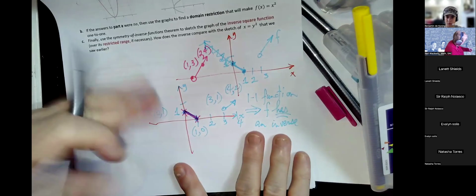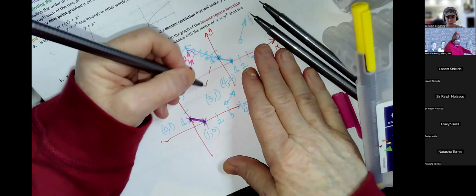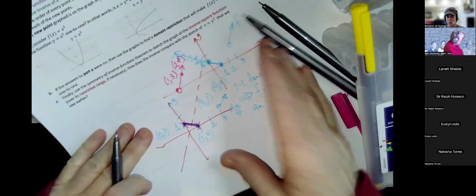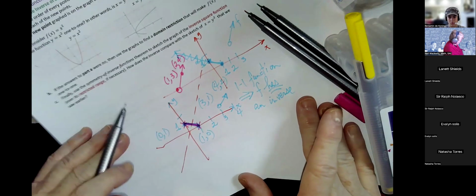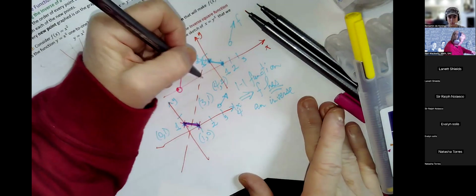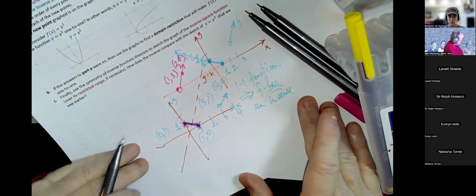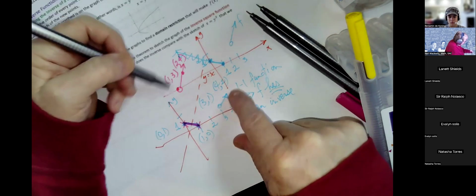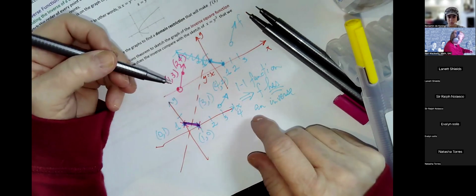And even on my meh drawing, let's see if we can see. Does it look like if I fold this graph along this line, y equals x, that these two little sections will meet?